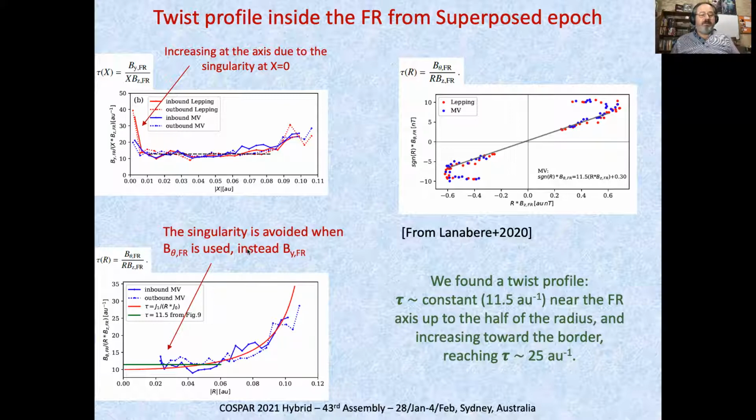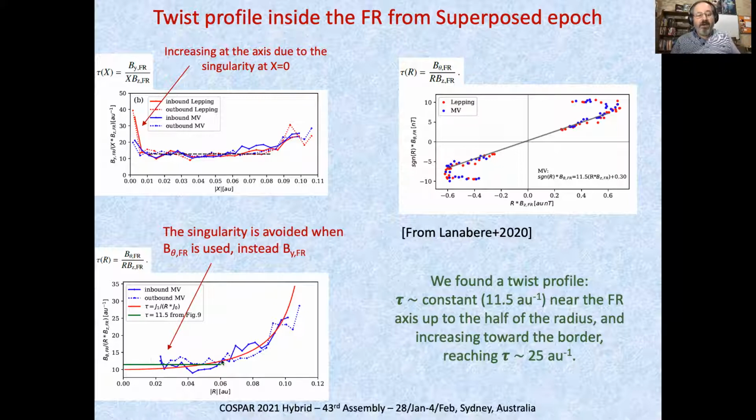But considering the impact parameter and all the features that we showed before, we can observe in the proper frame of the flux rope, using cylindrical components, this profile. And this singularity was avoided and is not present here.